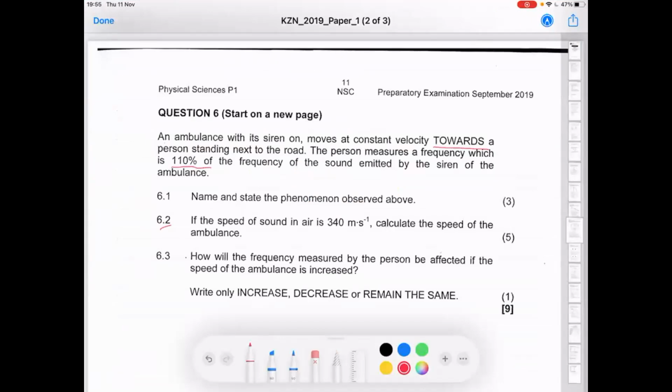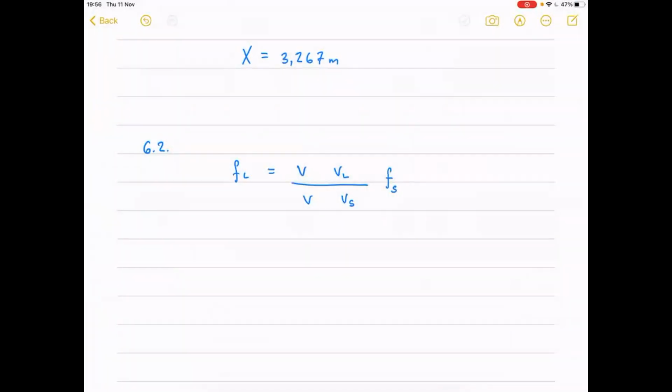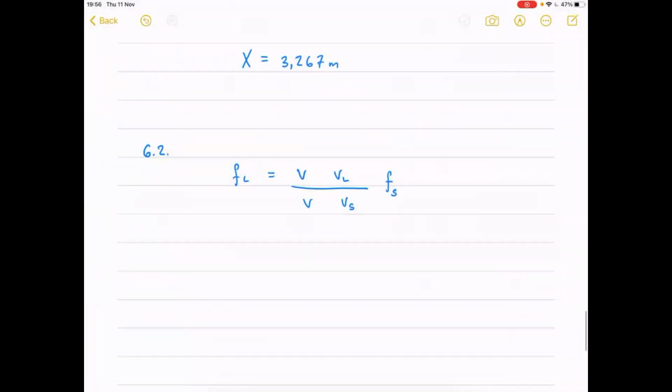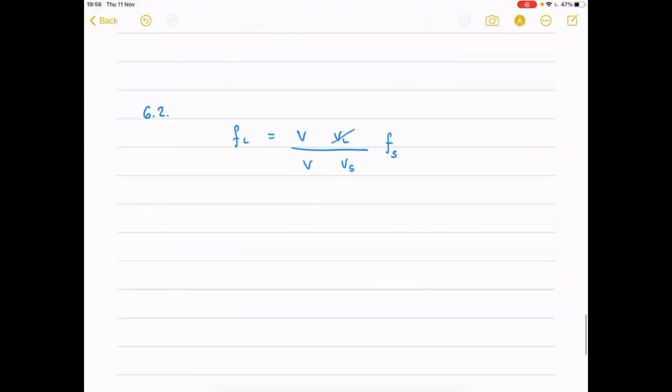So the listener is standing next to the road. The person's not moving, right? And the ambulance is coming towards the person. So if the person is standing still, then that's going to be 0. The ambulance is coming towards the listener, so this is going to be minus.